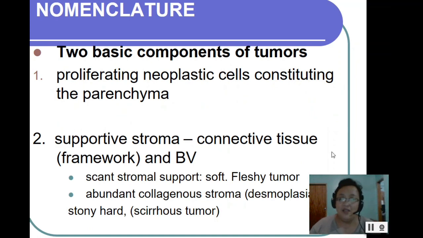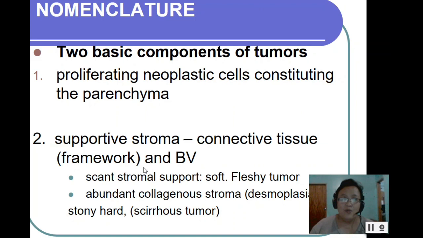Now, how do we name tumors? You have two basic components of a tumor. You have the neoplastic cells constituting the parenchyma. I think I mentioned this one when we discussed tissues. And the supporting stroma, which is a connective tissue containing the blood vessels, the connective tissue framework.